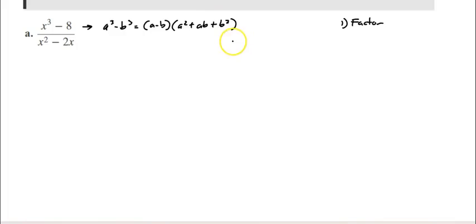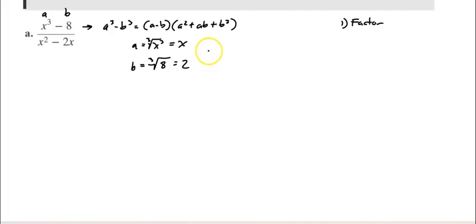Factoring that one even further, let's label this: I've got a and I have b. For a, the cube root of x cubed is going to be x, and for b, the cube root of 8 is 2. Now we have enough information to put this straight into our formula.